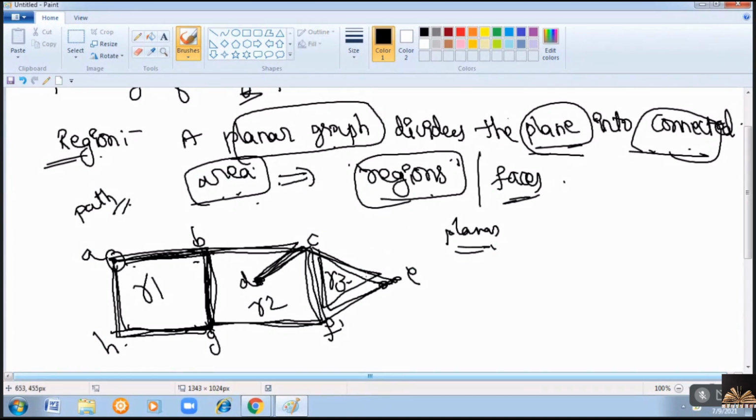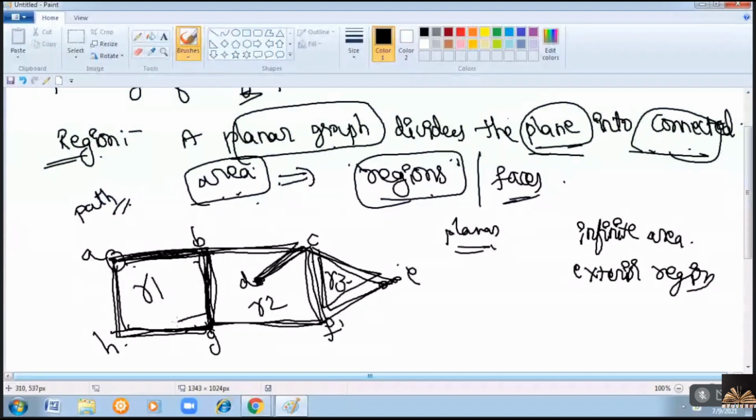And each planar graph determines a region of infinite area. This is known as the exterior region. Do you know what is the length of this region, or what is the area of this region? That is unknown, right? Why? Because we have enclosed components here. A, B, G, H are the enclosed vertices of this area, right?